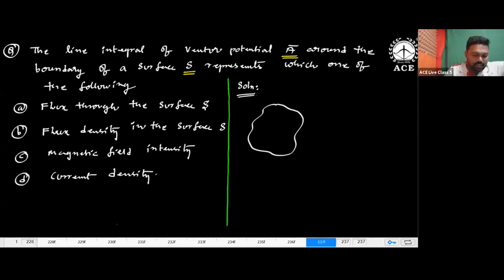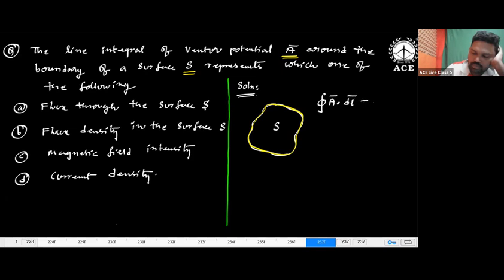So indirectly it's asking us to find out what is called the closed line integral. This is a surface. This surface is having a closed boundary. So it's asking us to find out the closed line integral, indirectly or directly. So what is this closed line integral of A dot dL, beta?